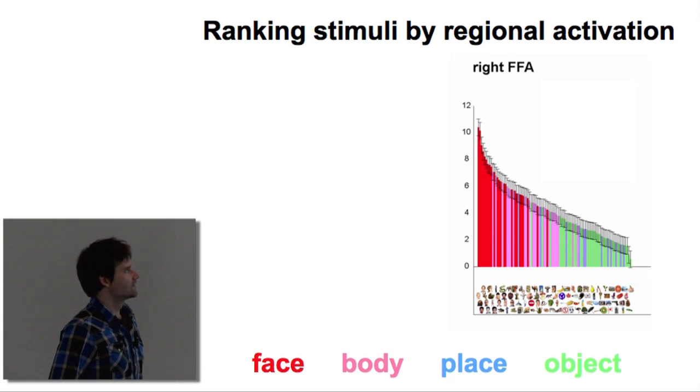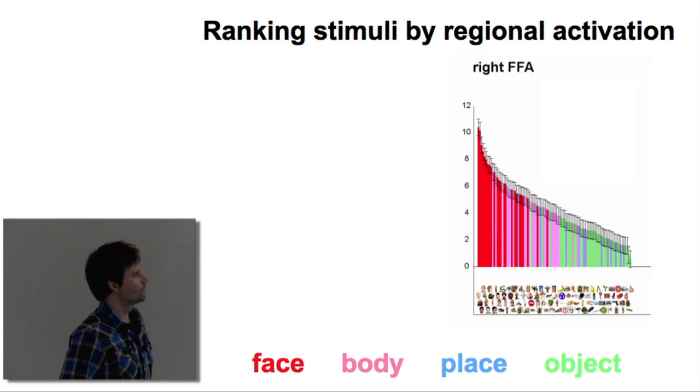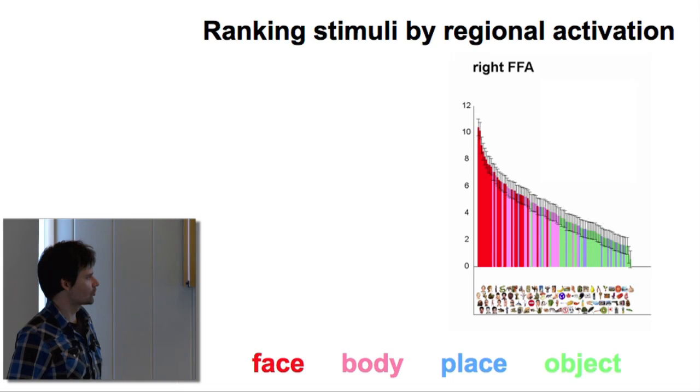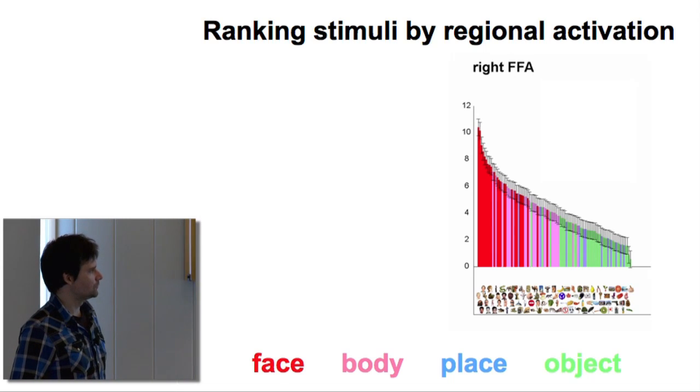So we're going to rank the stimuli by regional activation, and this is going to be the color code. When we look at this for right FFA, here are all the stimuli in the order in which they activated the right FFA. You see that the most highly activating stimuli are all faces, shown in red here. And then there are a few bodies coming in between the faces, but not really any of the other categories.